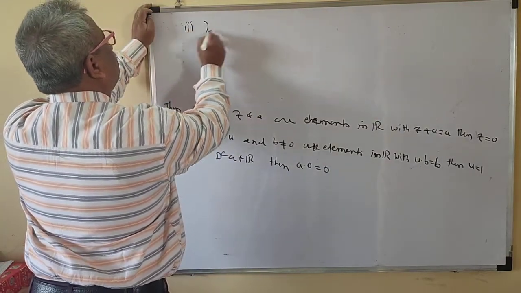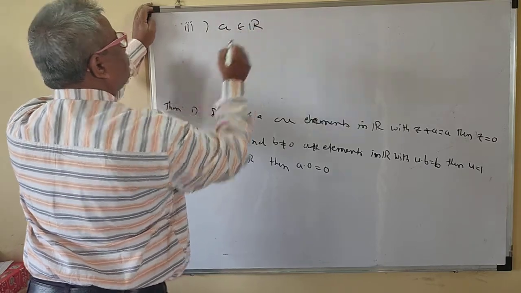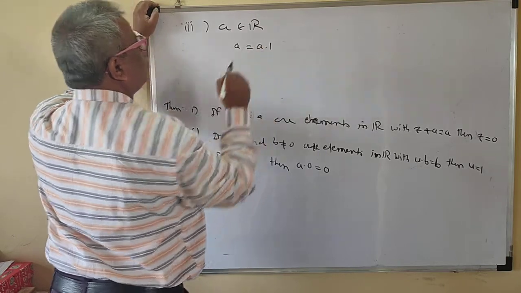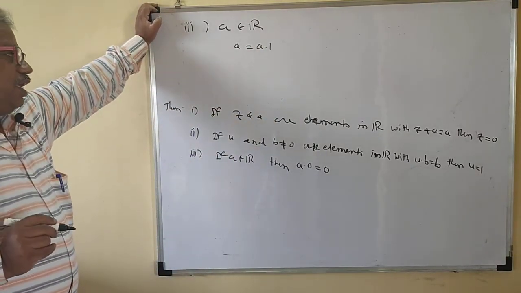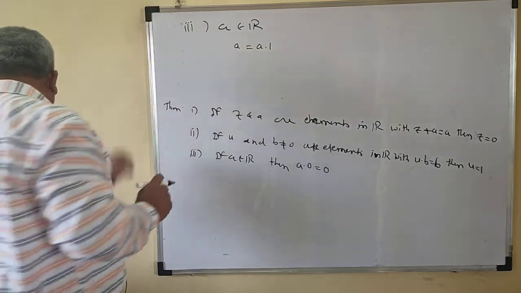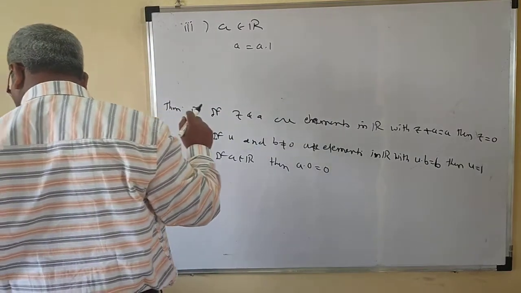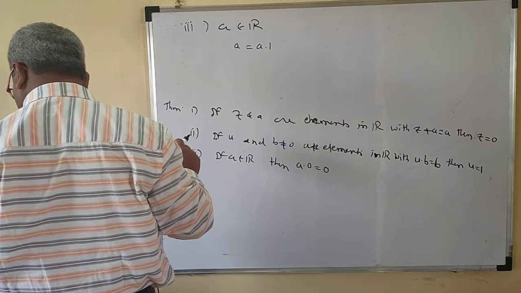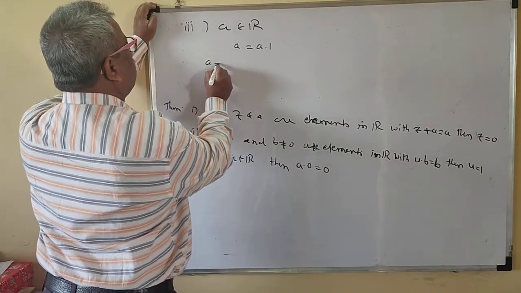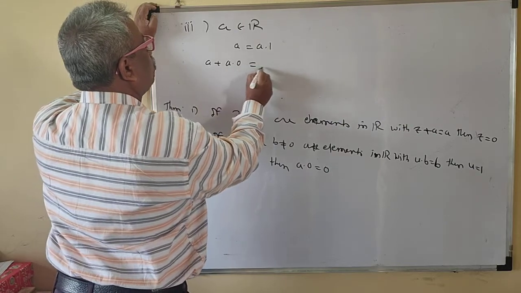Third one, A belongs to R. I can write A is equal to A into 1. So I will add A into 0 on both sides now.